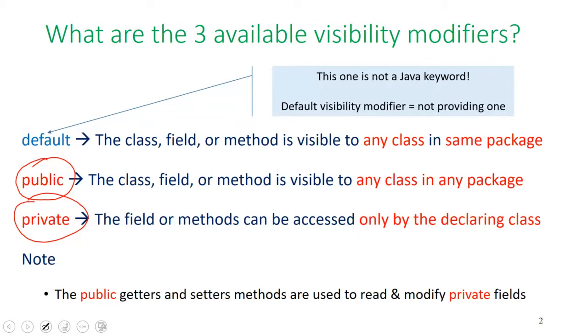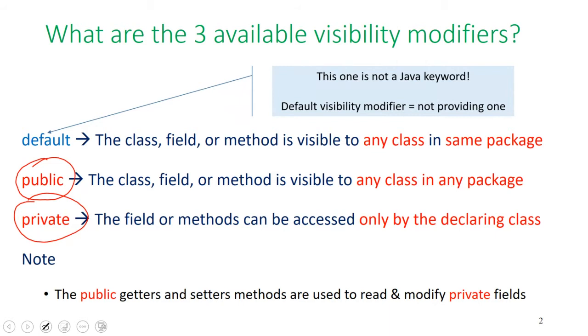Starting from today, we are going to be a little more formal and rigorous in our usage of the public and private keywords, okay? Until now, because I didn't use the concept of visibility modifier, sometimes I used one, sometimes the other. But now we're going to be really formal about that, okay?